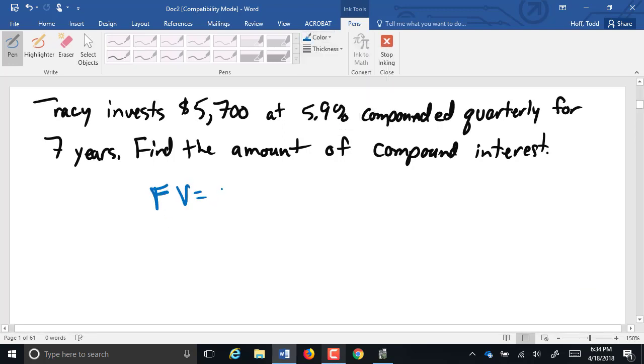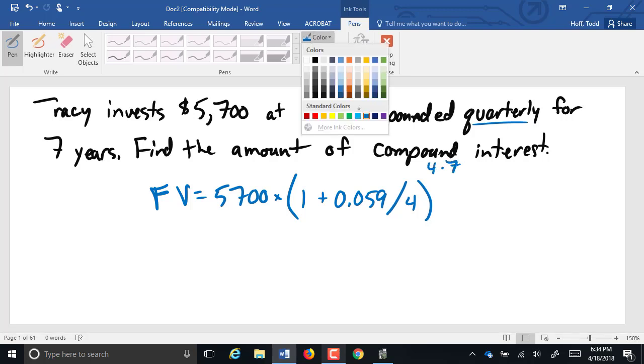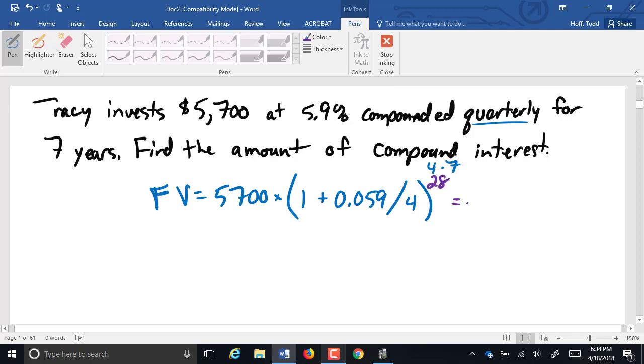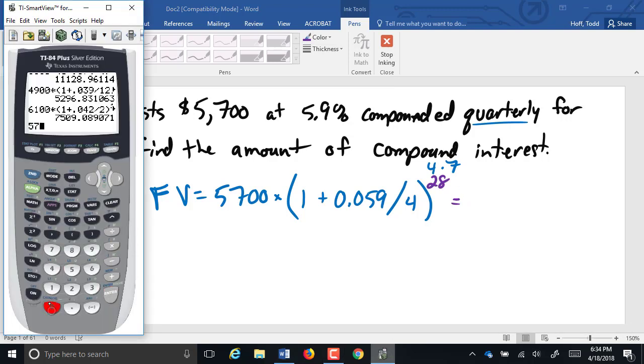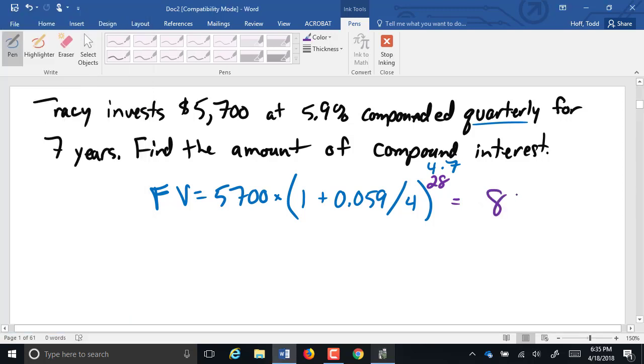So we start by finding our future value, 5,700 times, open parentheses, 1 plus 0.059 divided by 4 because it is quarterly, to the power of 4 times 7 years, which would be 28. 5,700 times, parentheses, 1 plus 0.059 divided by 4, close parentheses, power of 28, 8588.72.